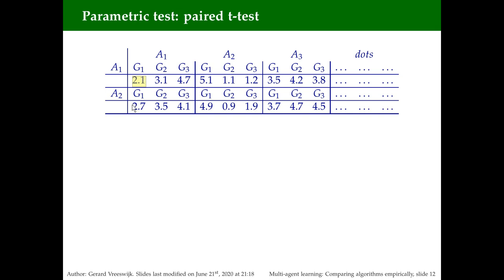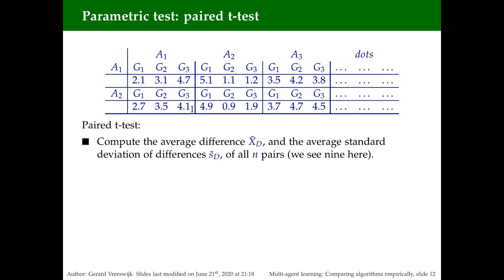this number, the first two numbers, and the second pair. You can compare the second pair, and you compare them for a significant difference. So you compute the average difference, which is a stochastic variable.